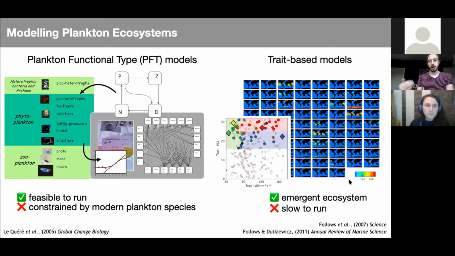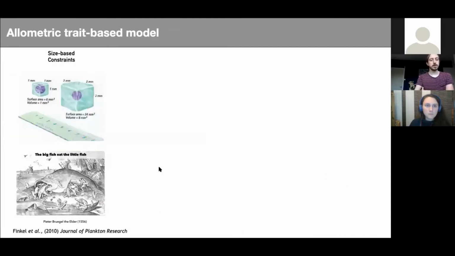And so this is using size as a master trait. And so size constrains a lot of traits such as nutrient uptake. So this is a physiological constraint on plankton cells. So the smaller you are, the larger relatively your surface area to volume ratio is. So it means that the rate at which you can take up nutrients for your surface area can feed a much smaller volume.